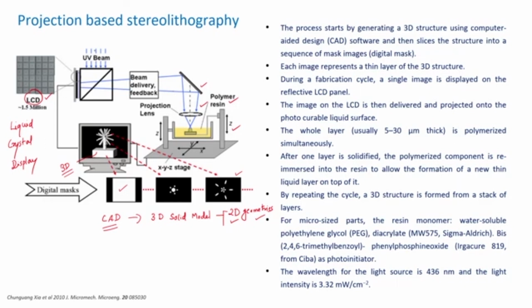Here we are using an ultraviolet beam, and this ultraviolet beam is first applied over the LCD display. The LCD display has the generation of that pattern, and as per the pattern on the LCD screen the ultraviolet light is applied over the LCD pattern.